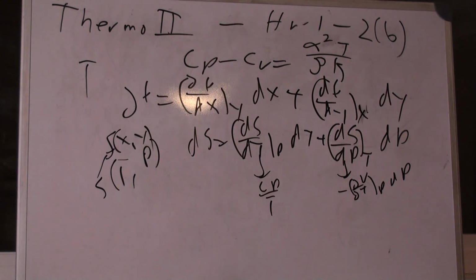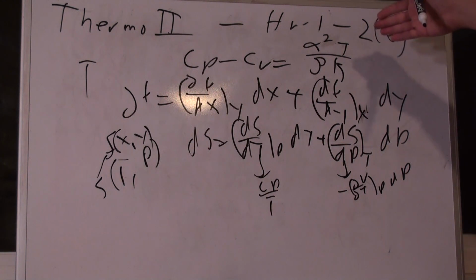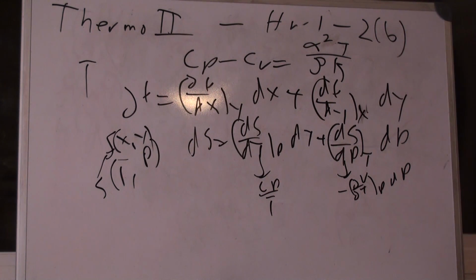Step 5. Measurables, properties, or equations of state. Did I mention anything about an equation of state? Nope. In terms of my answer, are those measurables or properties? Now, all properties are measurable, but are they properties or are they just measurables?